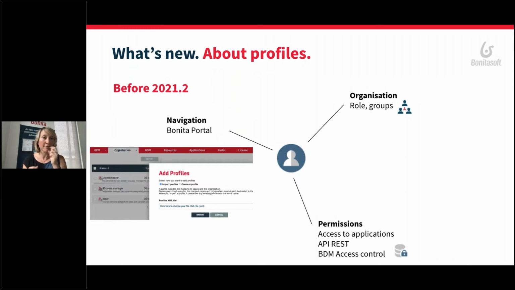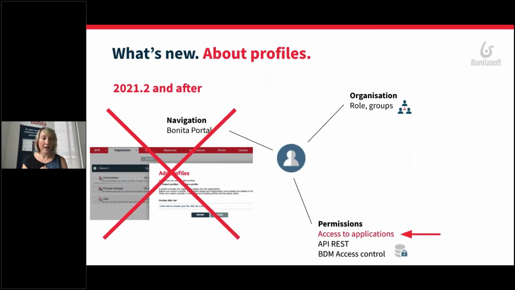And before 2021.2, those profiles were linked to a navigation that were set in Bonita Portal. And for example, when you wanted to add a custom profile, you added your profile and then you were mapping it in Bonita Portal to the correct applications and the organization. Now we are going to change that.